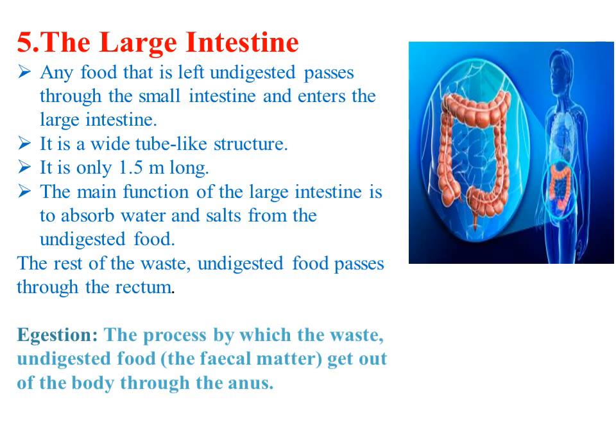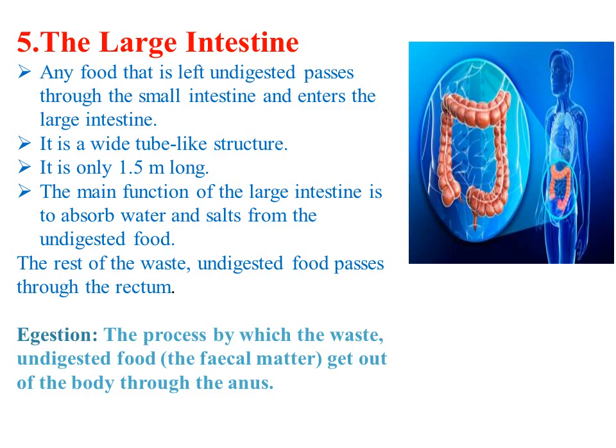What is the main function of the large intestine? The main function is to absorb water and salt from the undigested food. The rest of the waste and undigested food passes through the rectum, then to the anus.